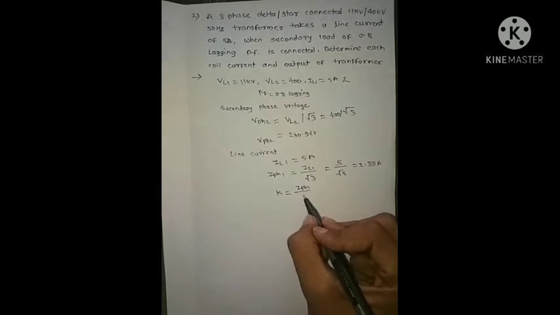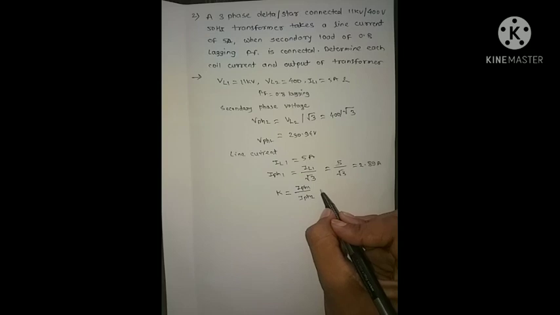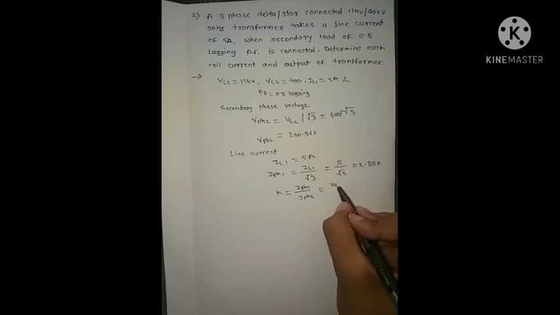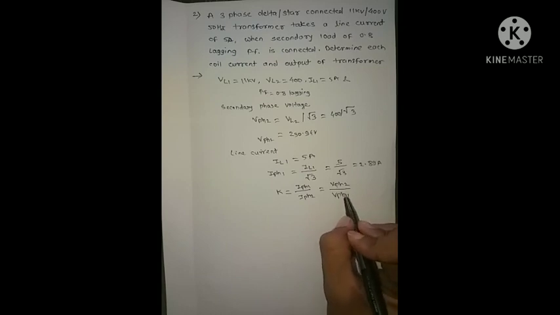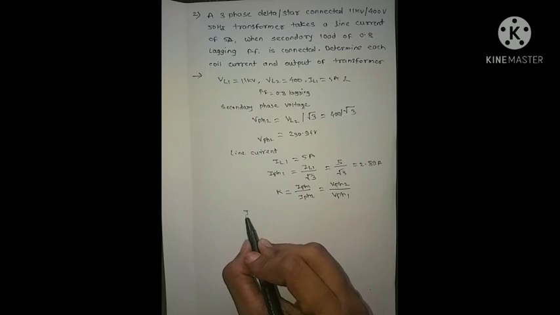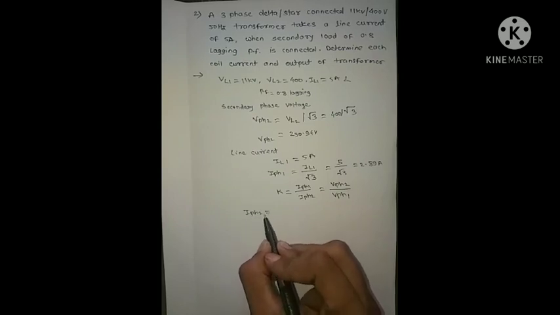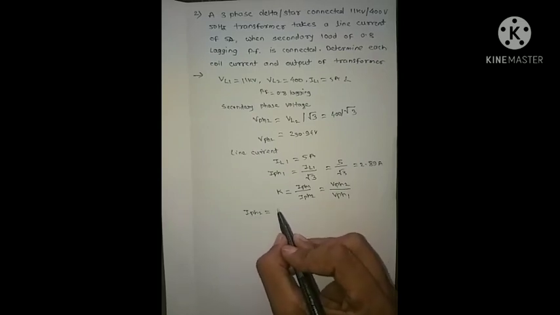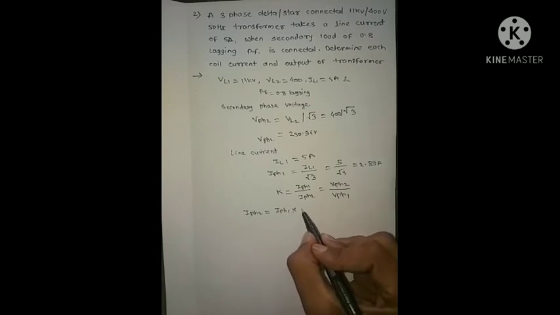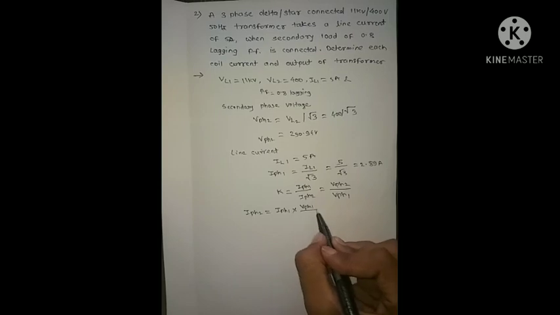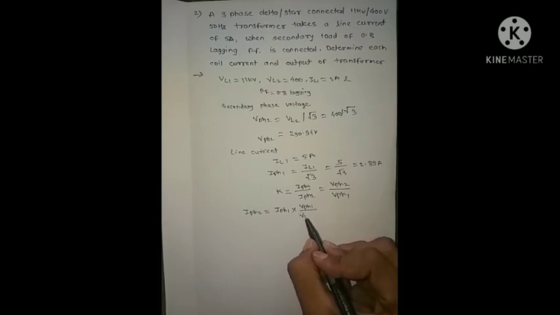After that, we have to calculate the transformation ratio K, that is IPH1 upon IPH2, which is equal to VPH2 upon VPH1. So IPH2 equals to, by simplifying this, IPH1 into VPH1 upon VPH2.